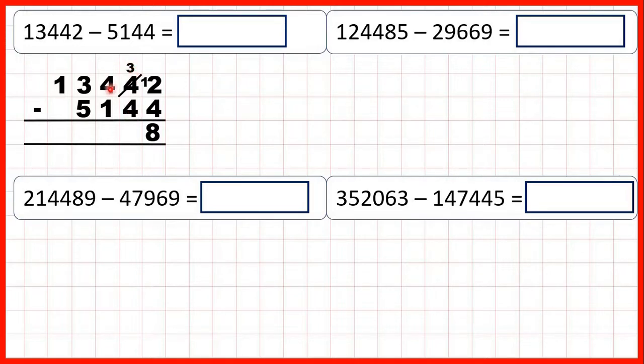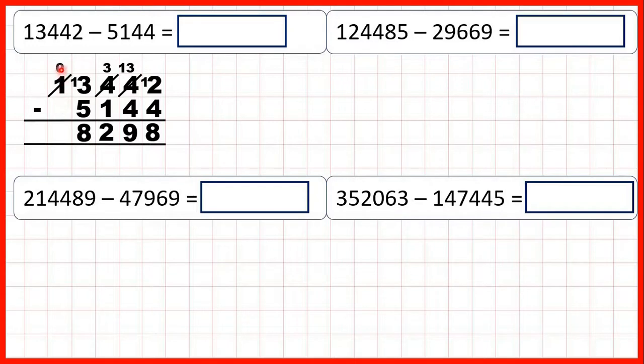So again, we need to go to the left, 1 less, 1 in front, and that gives us 13 minus 4, which is 9. Now 3 minus 1 is 2. We can't do 3 minus 5 using the column method, so go to the left, 1 less, 1 in front, and 13 minus 5 is 8.